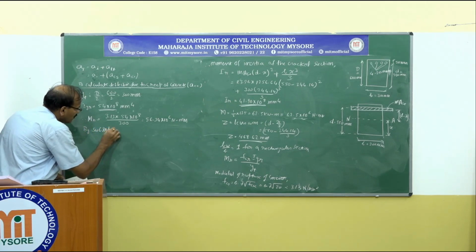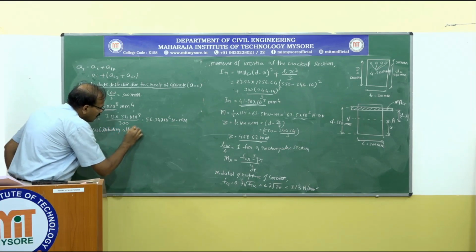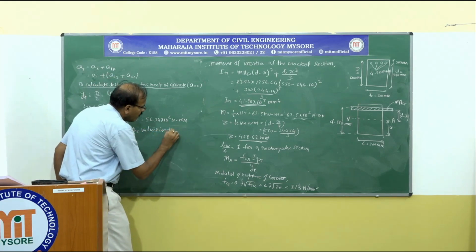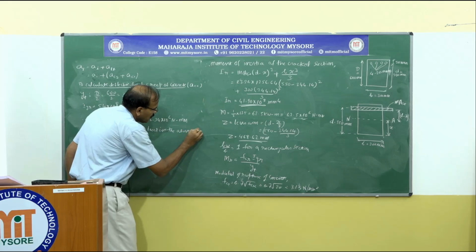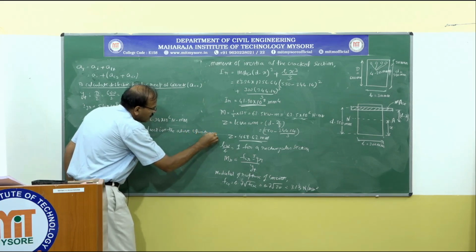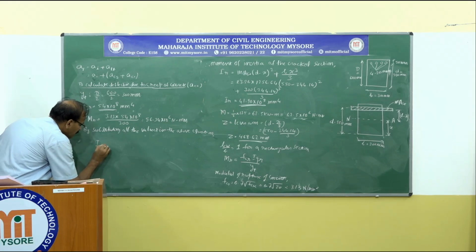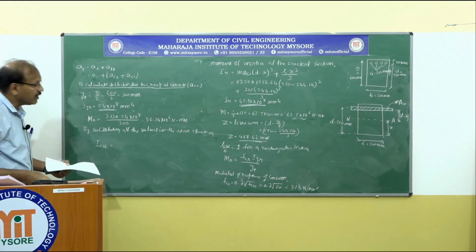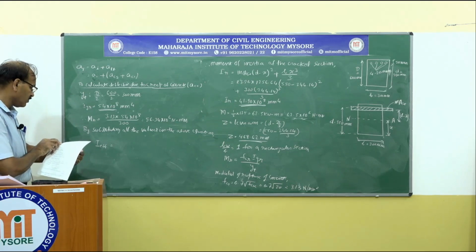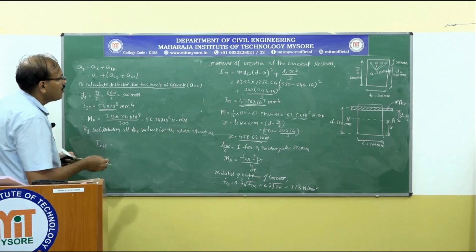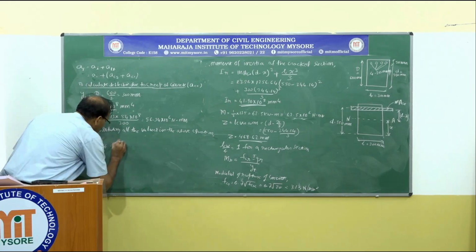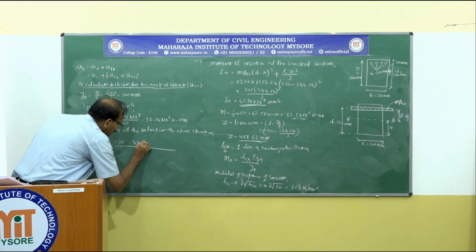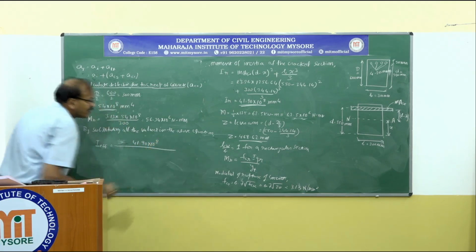Substituting all the values in the above equation, the Ir value is 41.90 into 10 to the power of 8.